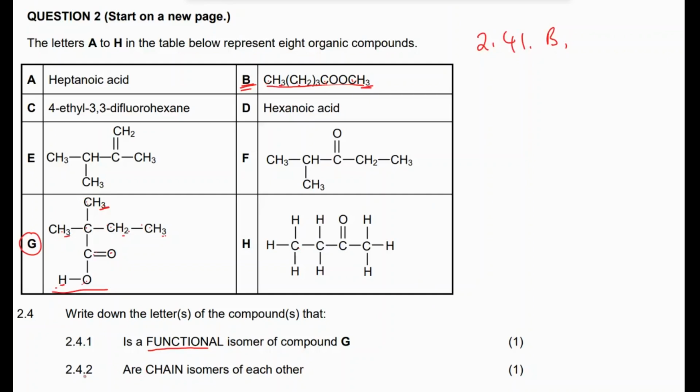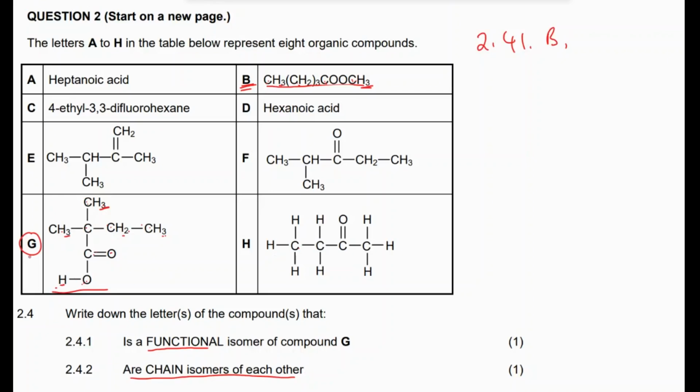And then which ones are the chain isomers of each other? What are chain isomers? These are molecules that have the same molecular formula but different types of chains, meaning that they have different structural formulae, but they belong to the same homologous series. So let's check for those.